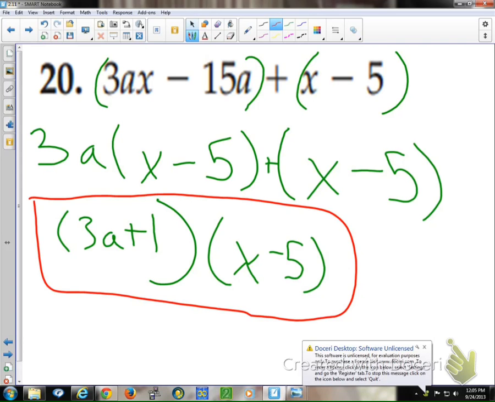If this wasn't there, then when you multiplied, it wouldn't match up. If you were to multiply this right now, you'd get 3ax minus 15a. But if this 1 wasn't here, you'd be done, and these two pieces wouldn't be accounted for. So you need this in here so that you get plus x minus 5.